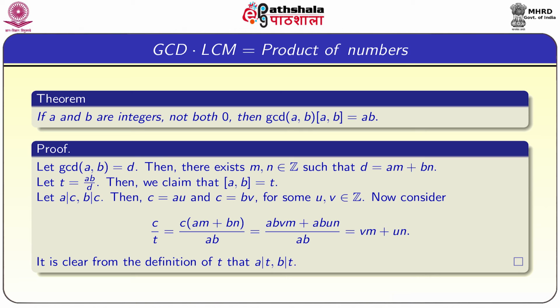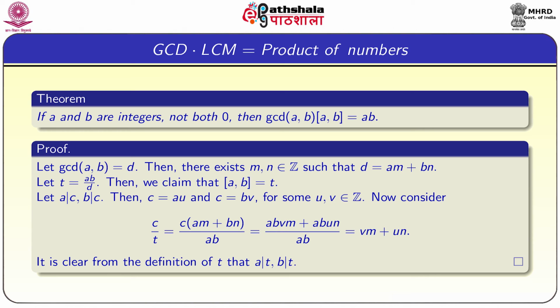Let A divide C and B divide C, then C is equal to AU as well as C is equal to BV for some U comma V belonging to Z. Now, we will consider C by T. C by T is equal to C times AM plus BN by AB.